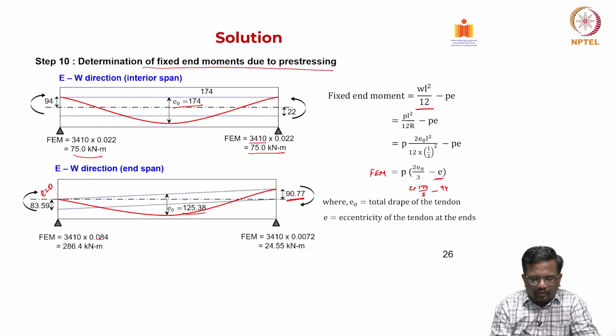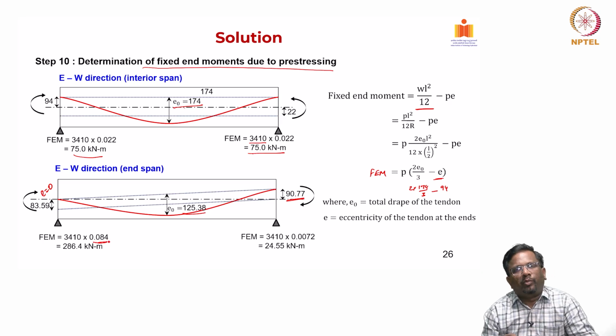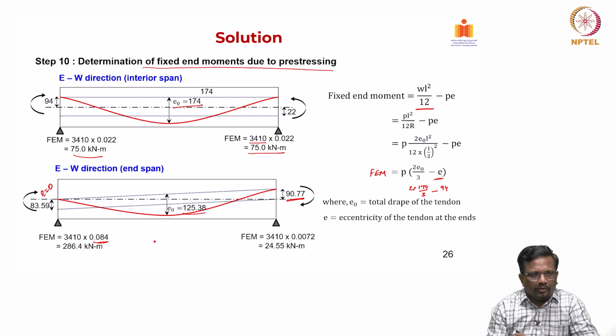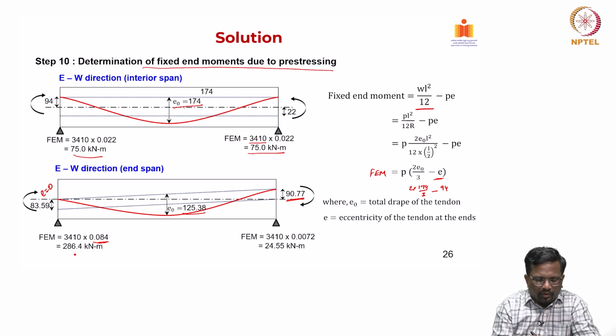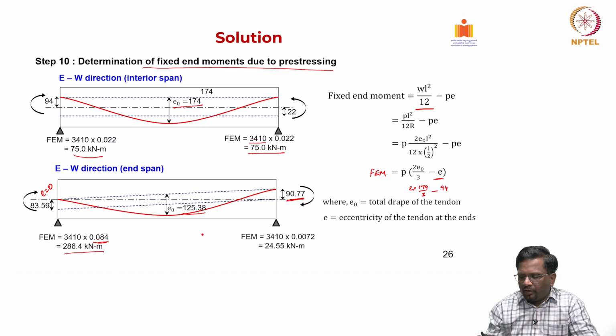If you substitute that, 2 E naught by 3 will work out to be 0.084 meter. So, the fixed end moment at the left joint in an end span will be 286.4 kilonewton meter, but at the right support I am going to get 3410 into 0.0072. So, if you plug in this value, 0.0072, then you get 24.55 kilonewton meter.